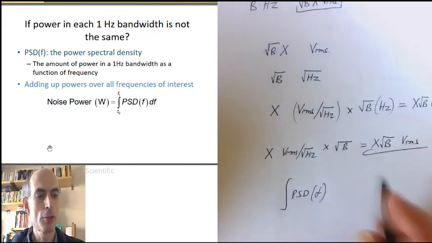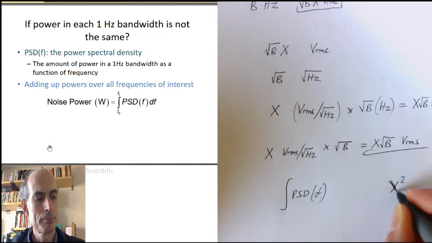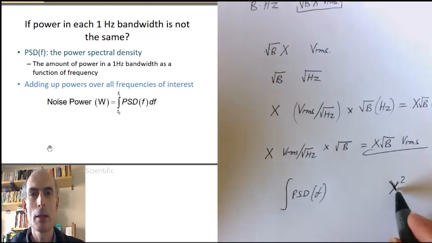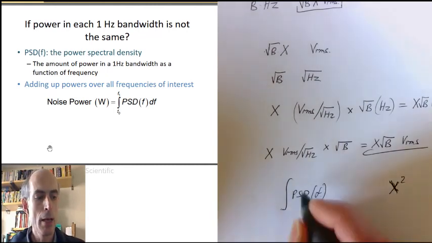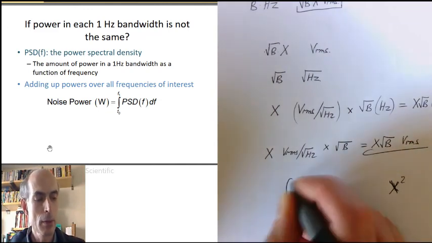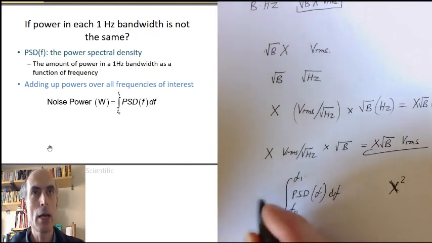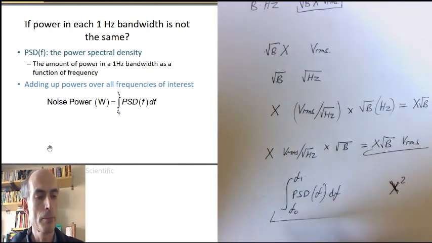So in other words, in terms of what we've used before, it was just X squared, the power in a unit of bandwidth. And if I integrate that over my frequency range of interest, let's say I'm interested in frequencies from f0 to f1, that would be the total noise power that I would expect in my system.